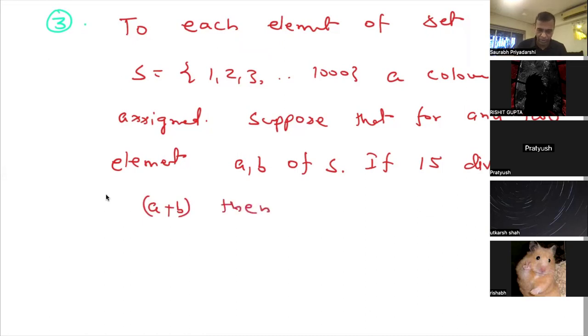Find the maximum number of distinct colors used in this process.